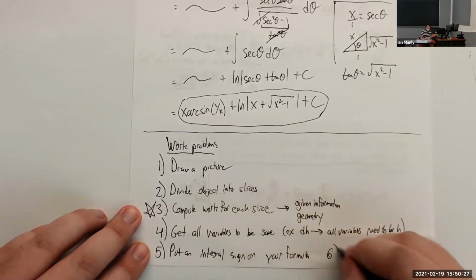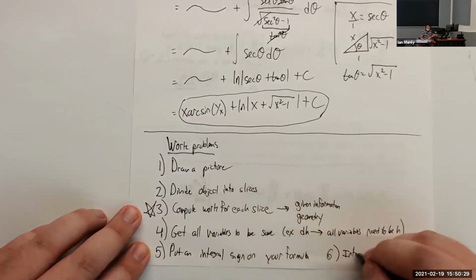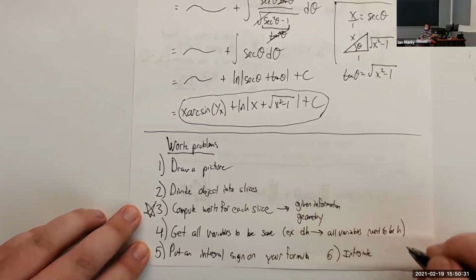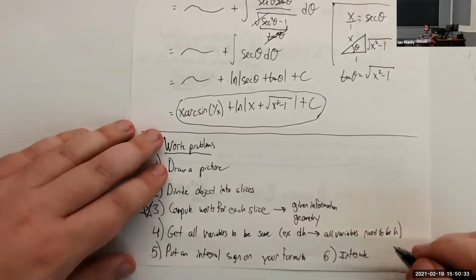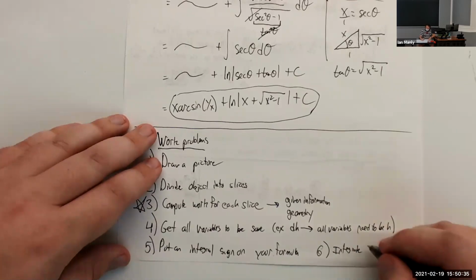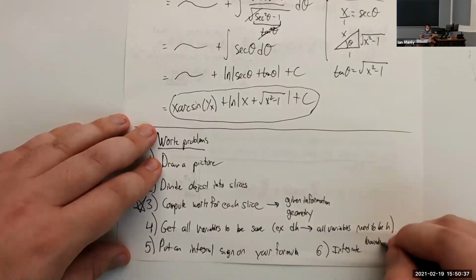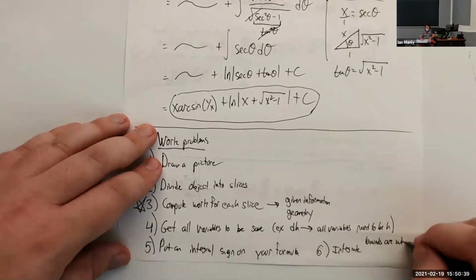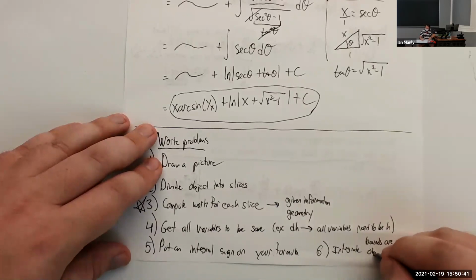And then step 6 is when you integrate. And one thing I want to say about step 6, when you actually do the integral, is the bounds are where the object is.